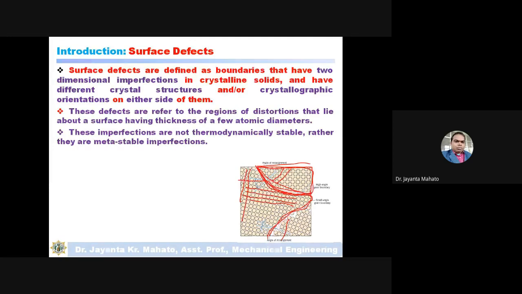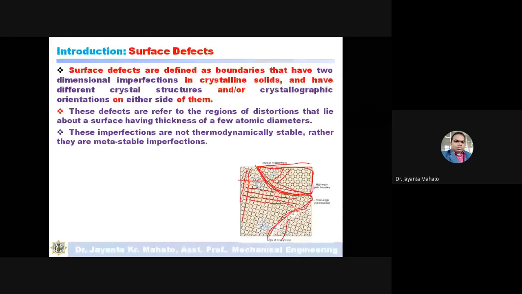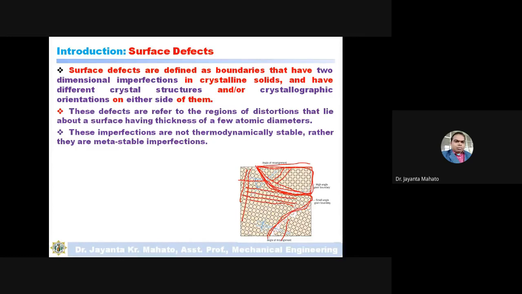These imperfections are not thermodynamically stable, rather they are metastable imperfections. Most of the surface defects are not thermodynamically stable, meaning by heating or upon heat treatment, most of the surface defects can be changed or minimized.